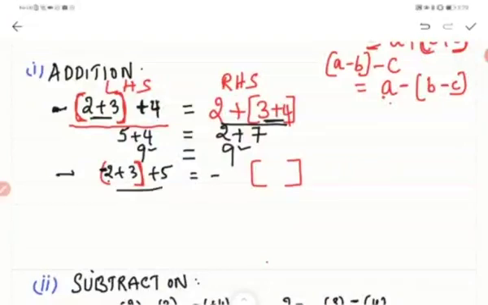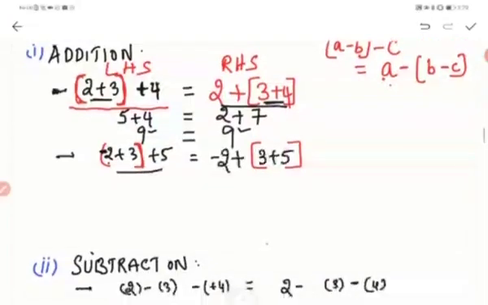So I will take minus 2 plus of 3 plus 5 in the parenthesis or bracket. Now tell me what is the answer on the left hand side. Minus 2 plus 3 is what? 1. Plus 5, so on the left hand side we will get 6.